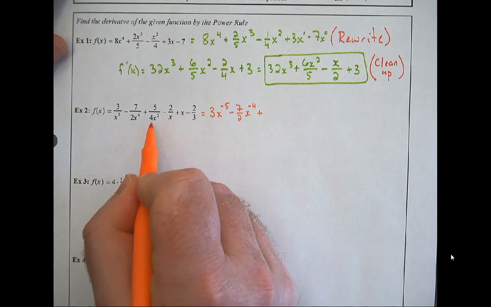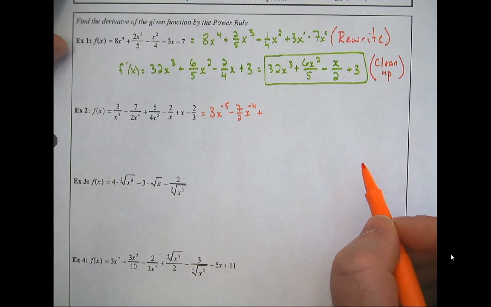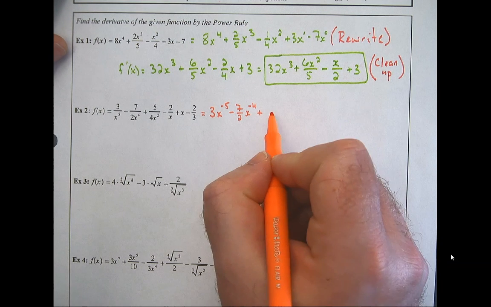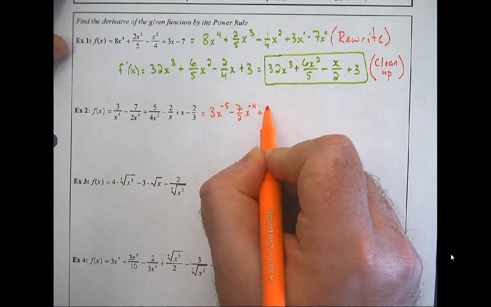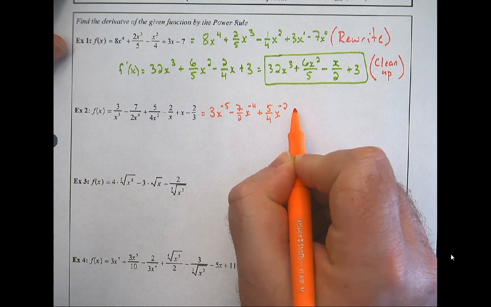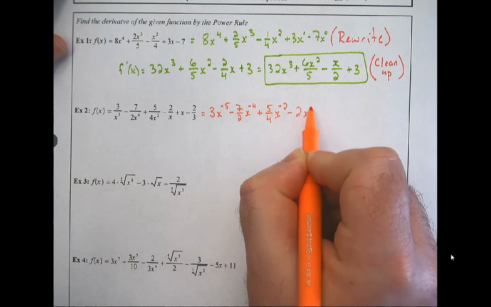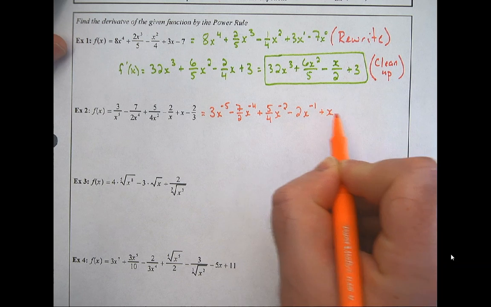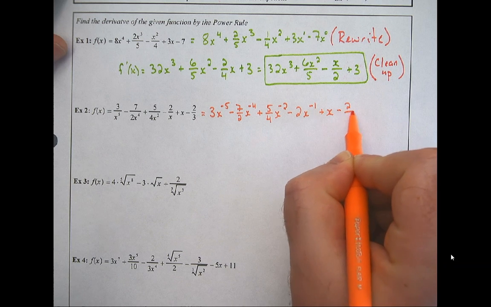Plus the next one. Actually, you try to write the rest of these. Pause it. Try to write the rest of them. Okay, let's see how you did. So it should be then 5/4 x to the negative 2 minus 2x to the negative 1 plus x minus 2/3.